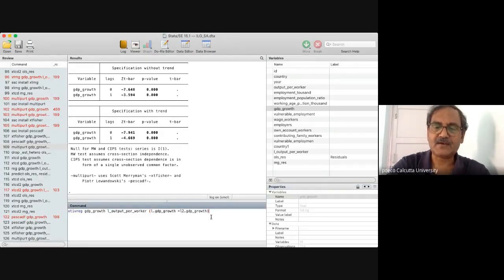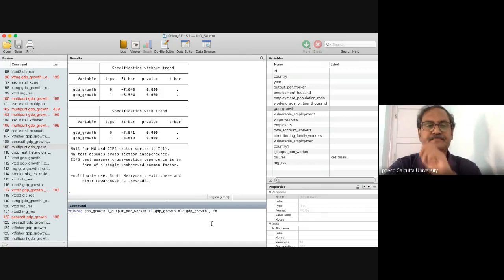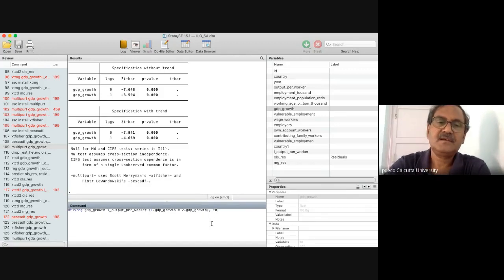And Anderson-Hsiao used the first difference model. So to specify the first difference, you have to write FD. So what is the command? xtivreg GDP growth, this is yit, then the independent variable, labor productivity, this is xit. Within the bracket, we have written the instrument.